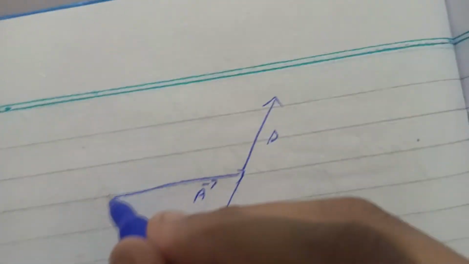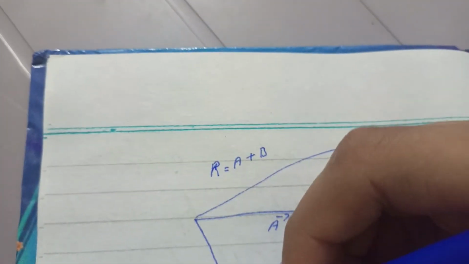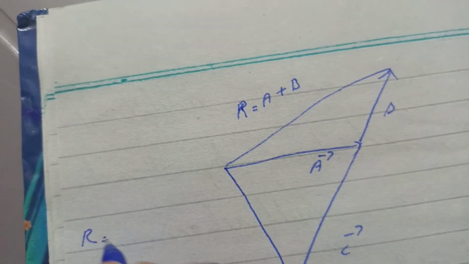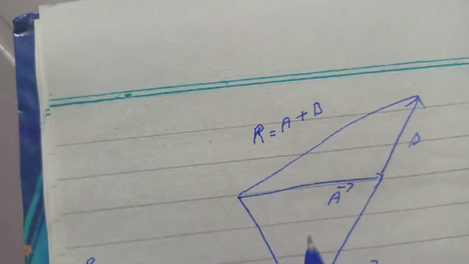Now we'll draw a resultant vector here, which will be called r is equal to a plus b. It is following the commutative property. Now we'll draw a resultant vector here, which will become r is equal to a plus b plus c.